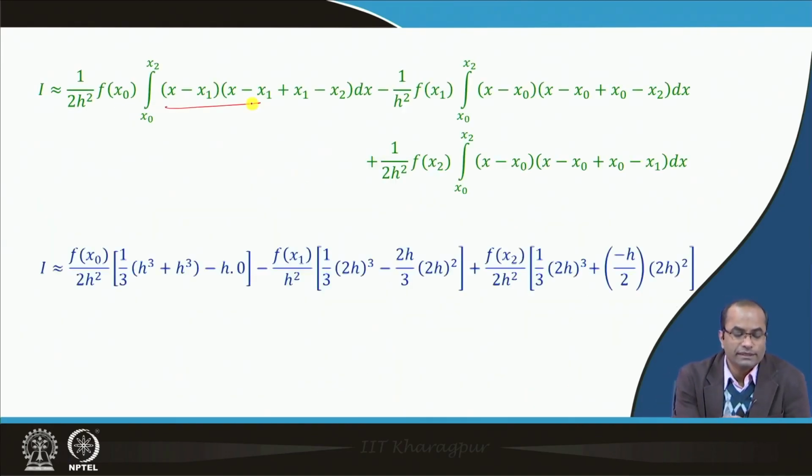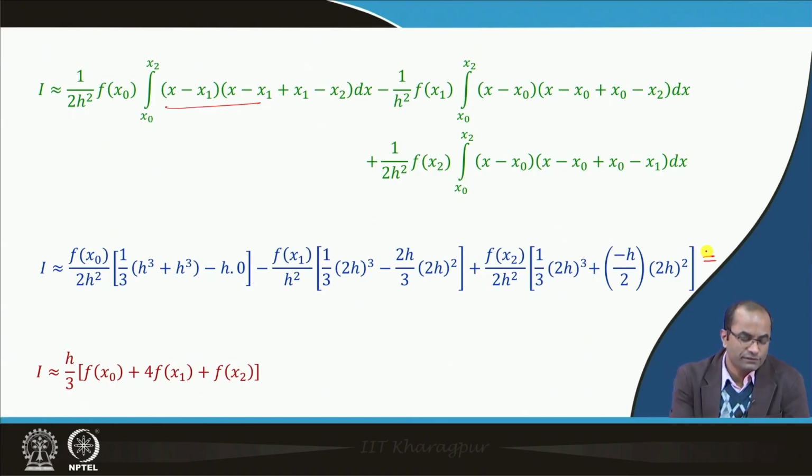If we integrate, we get these kinds of terms, but if we simplify, we get h by 3 times f x naught, plus 4 times f x 1, plus f x 2. So, how can this rule be understood? We have h by 3, which is why it is also called the 1/3 rule: h by 3 times the value at the first point, the value at the end point, and 4 times the value at the internal point.